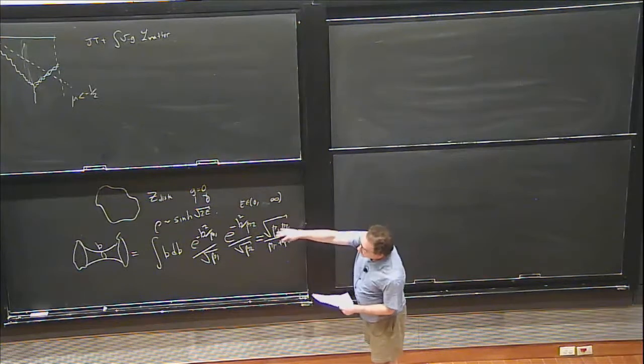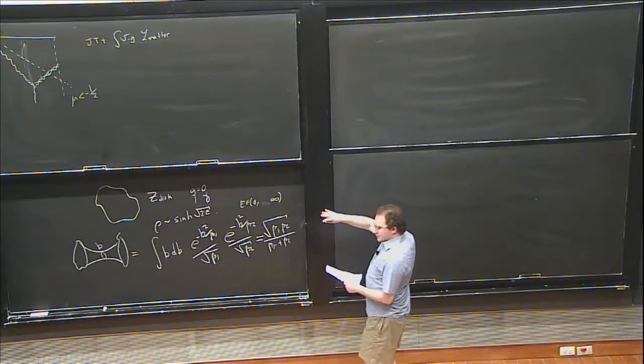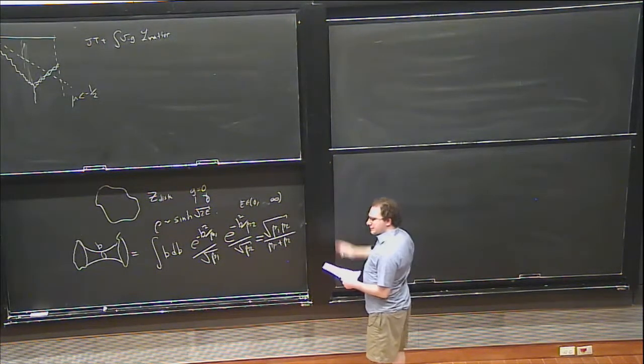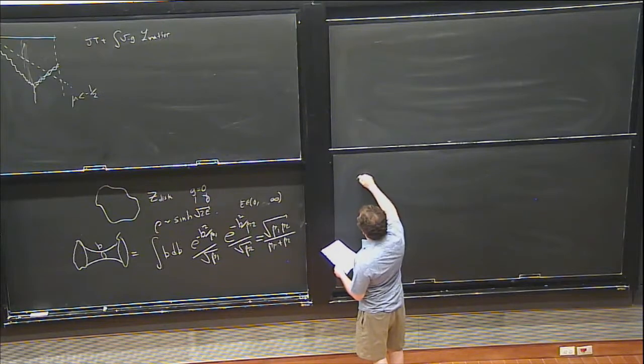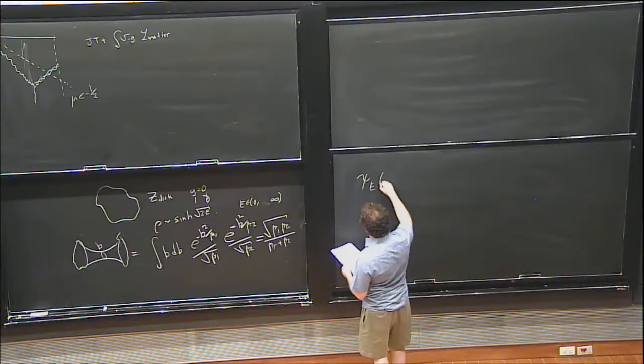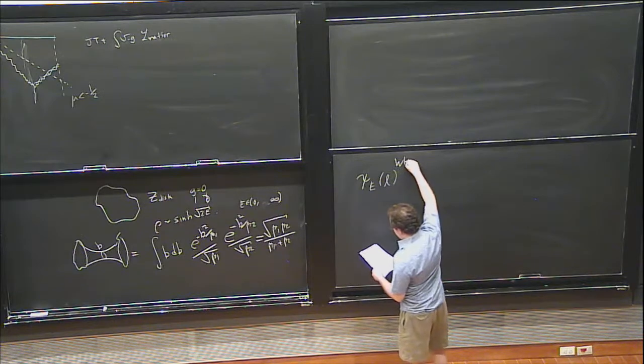Okay, so with that, Morse quantum mechanics is a solved quantum mechanics. It's in textbooks, and the energy eigenfunctions are something called Whittaker functions.